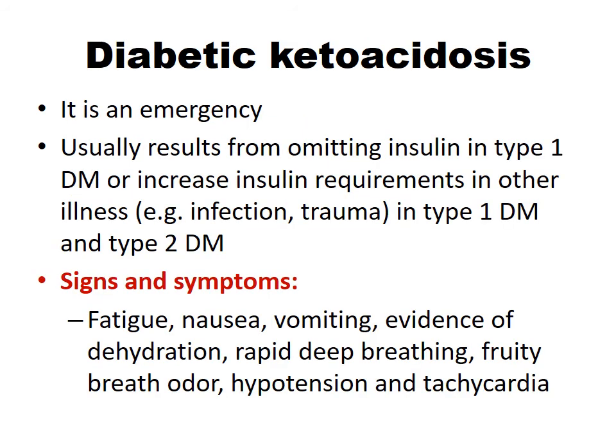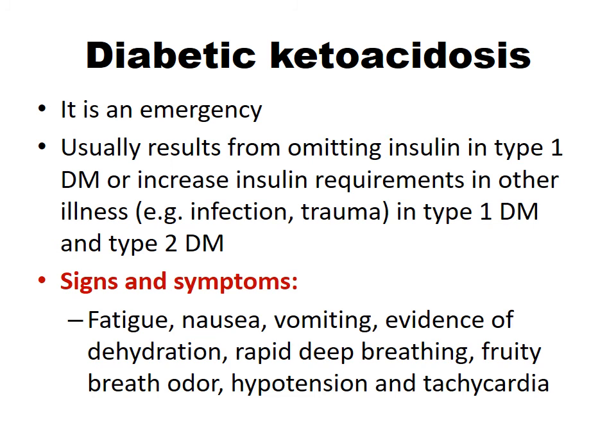Diabetic ketoacidosis. Diabetic ketoacidosis is an emergency usually associated with type 1 diabetes. It results from stopping insulin in type 1 diabetes or increased insulin requirements such as in other illnesses including infection and trauma.